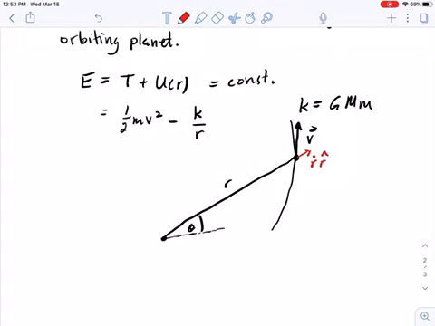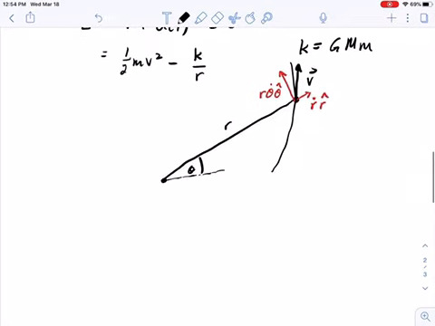And then there's a component that is perpendicular to r, so that's the theta hat direction, remember? And if we have rotational motion with a rotational speed of theta dot, then the speed at a radius r, a distance away from the rotation axis, is r times theta dot, and so this is r theta dot in the theta hat direction.